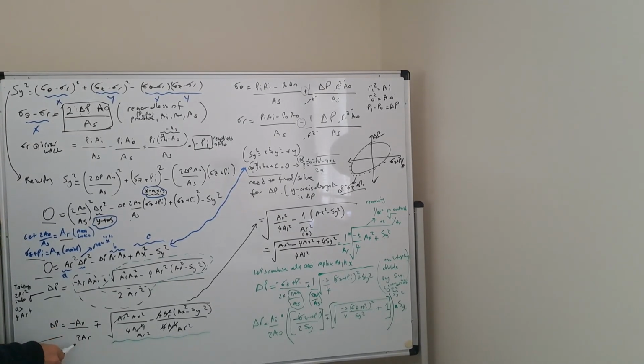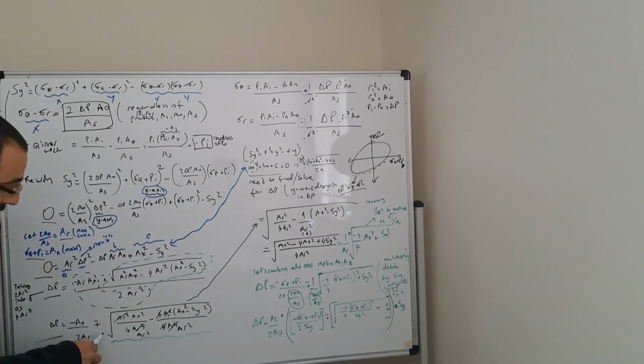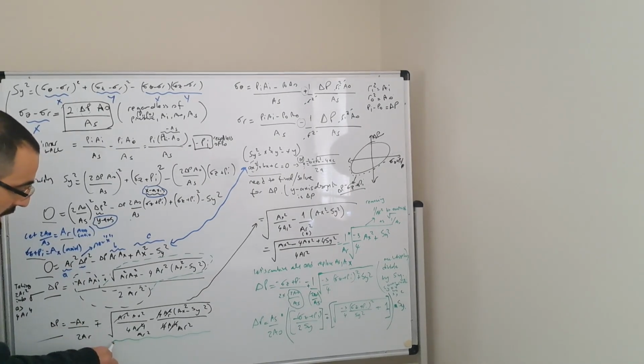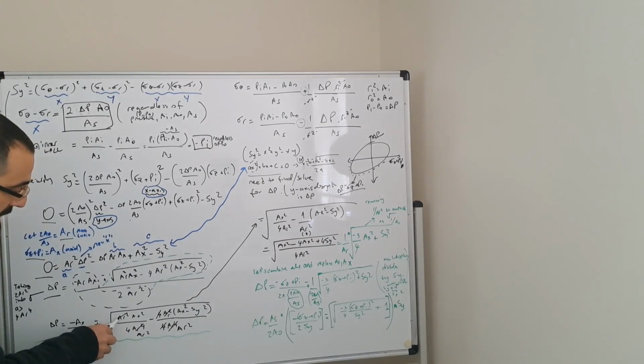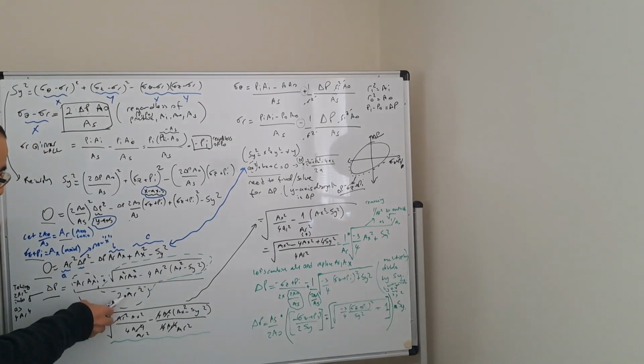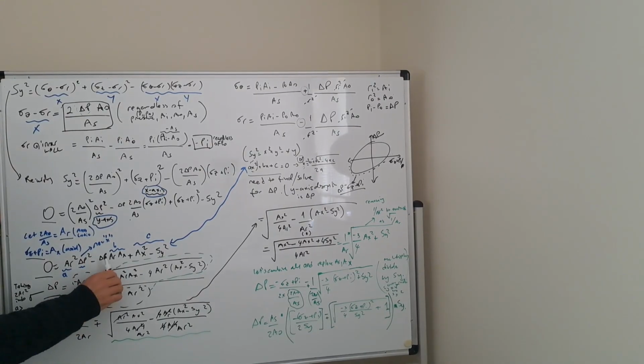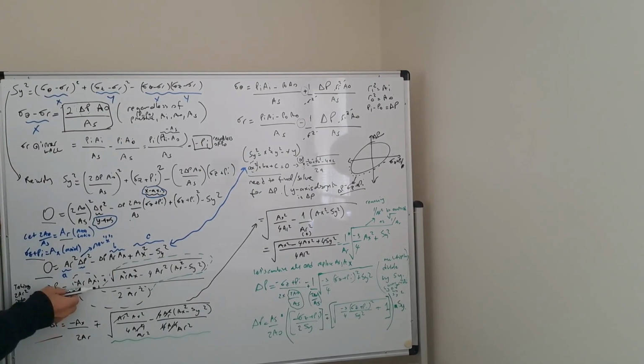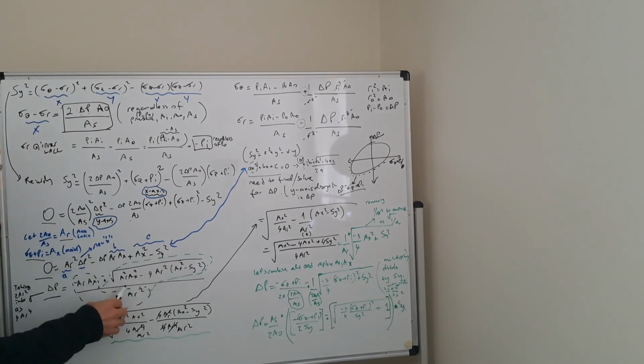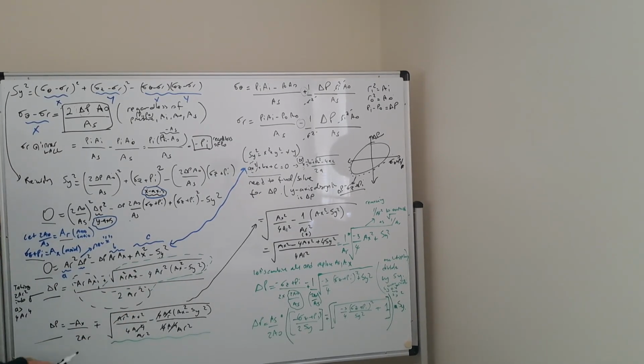And then I will find the delta P as minus ax divided by 2ar, plus or minus one of the roots, the square root of ax squared times ar squared. So I have this ar squared. So I basically separated this equation into two: this part divided by 2ar squared, and then plus the square root term divided by 2ar squared.